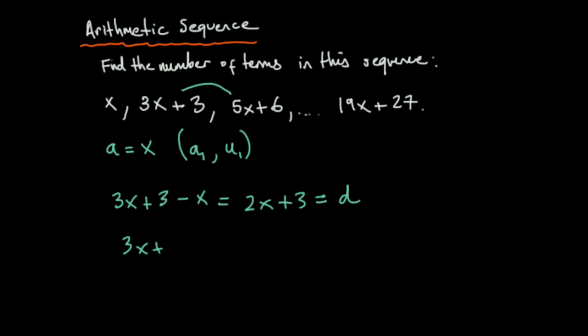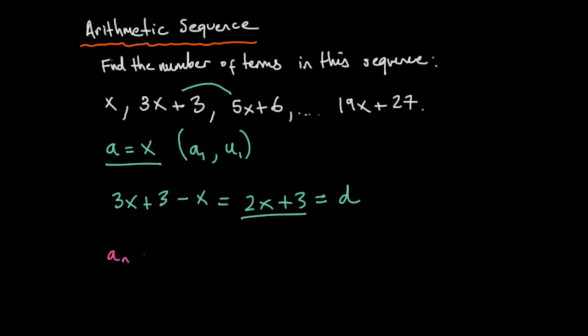Good, so now we have D, and we have A. Our next step is to find N, and to find N we need to write the general expression for AN.